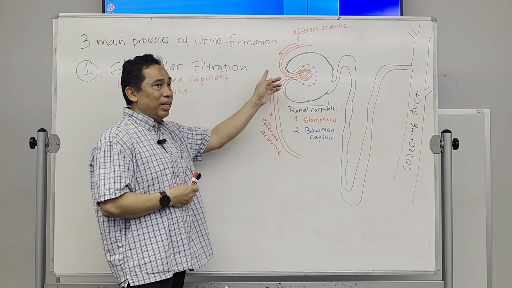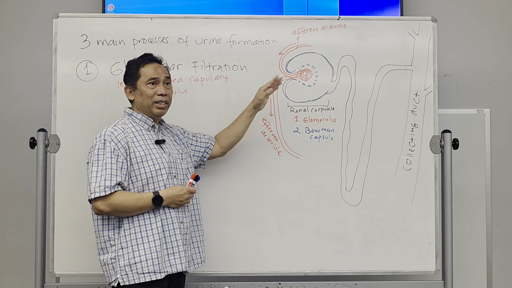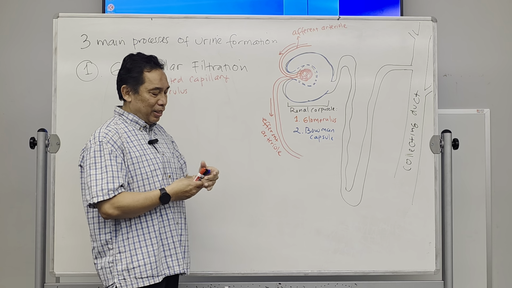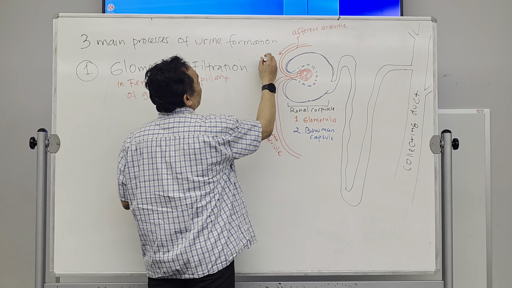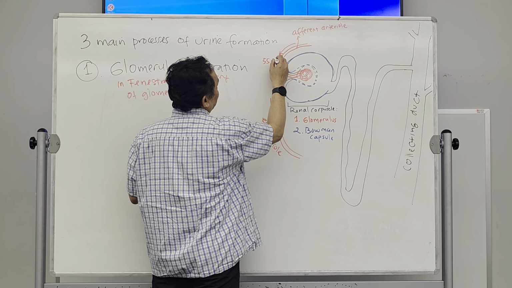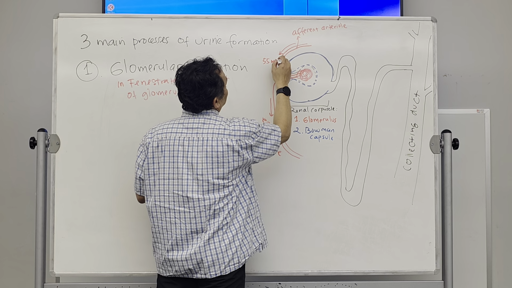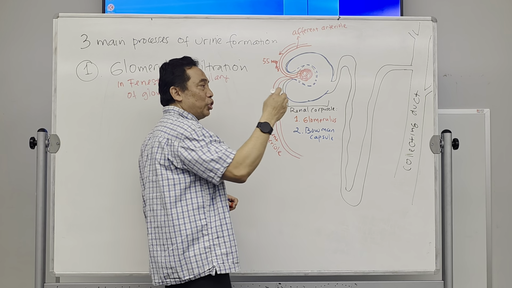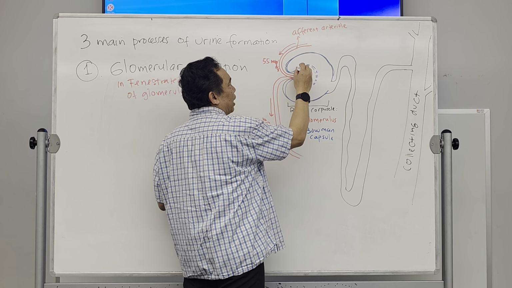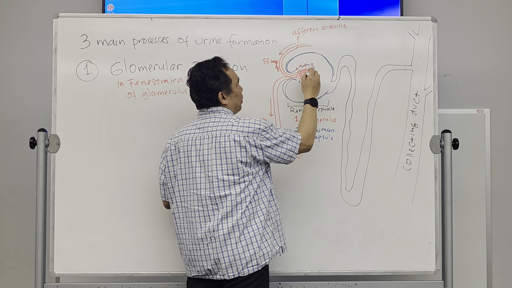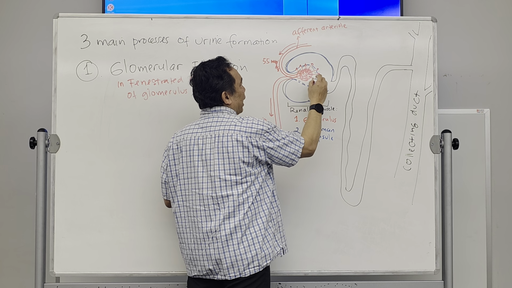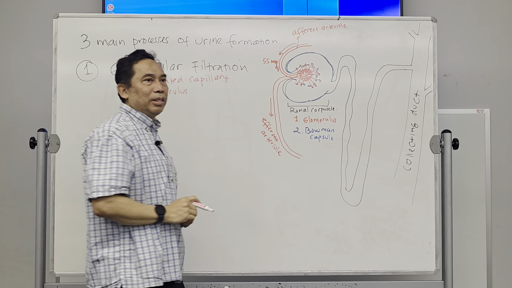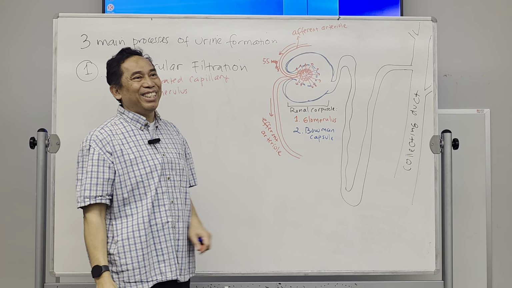Remember, arteries carry blood that has pressure from the heart pumping, so basically around 55 millimeters of mercury will enter here, and it will push the substances out from the blood into the capsule.